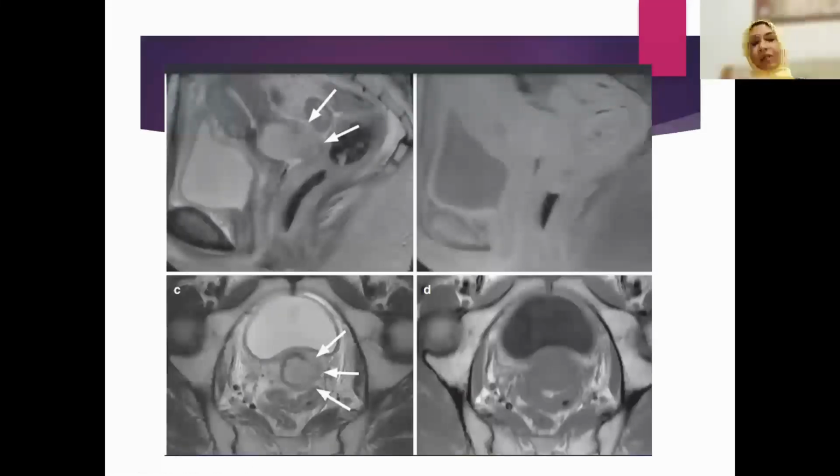So it's clearly a stage 2B cervical cancer. So it's a bottom line here. If you see the outer zone of the cervix clearly all around the cervix, so the tumor has not invaded the parametrium yet.